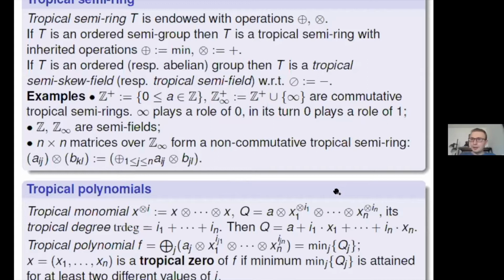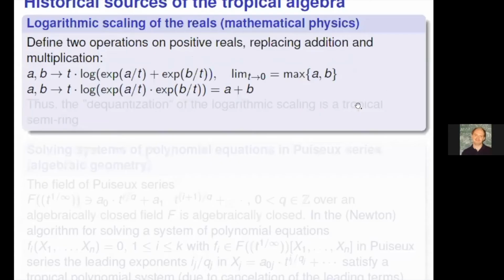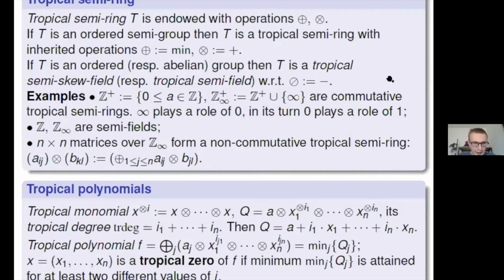Do you have a view button on the upper right corner? Maybe I do the following: I put this bar up, and then I can see now. Okay, fine. Sorry. The last line on the slide ends with two different values of j, right?